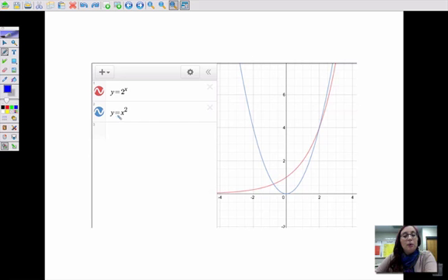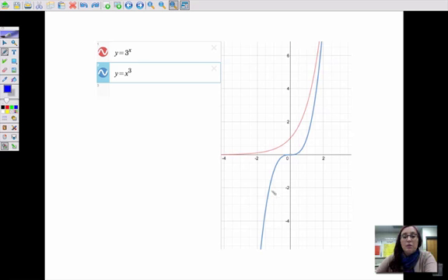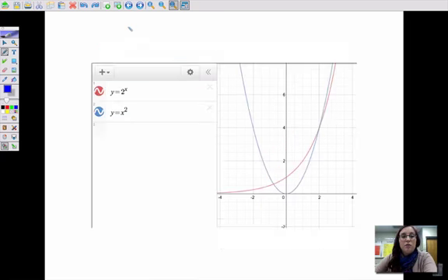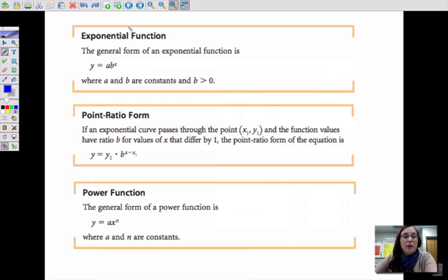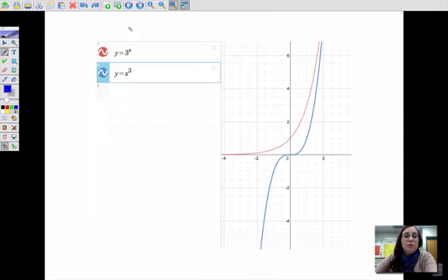And then the blue function is a power function, meaning we know the power and we don't know the base. And so that's like our parabola, or for example, you could do it to the third power as well. That's a power function right there. Whereas this red line here, that would be an exponential function. So just a difference in those graphs and something to be aware of between the two.